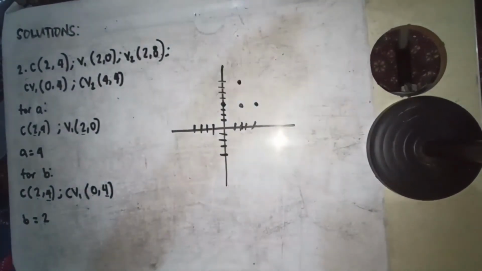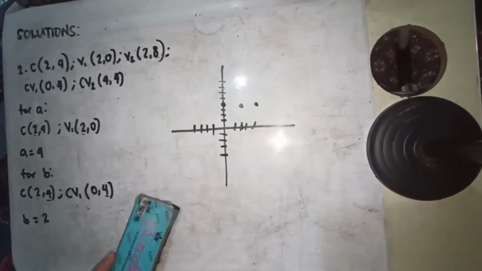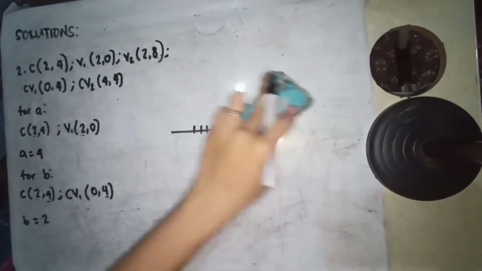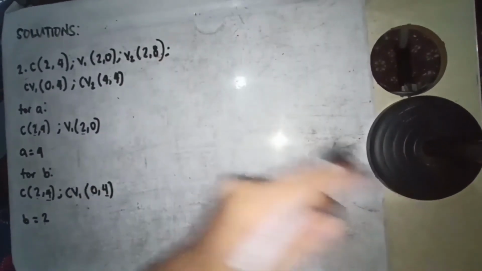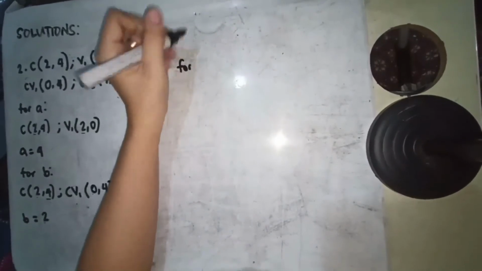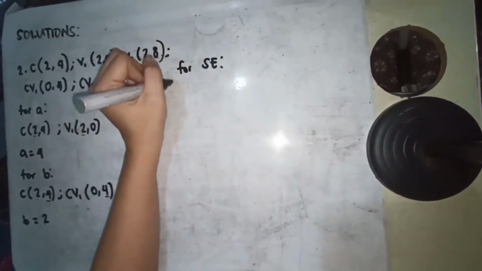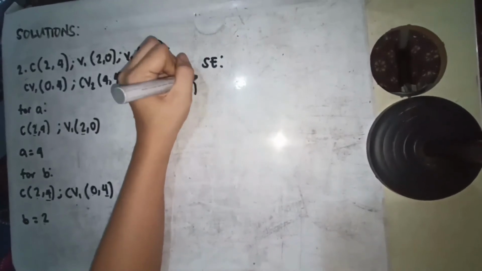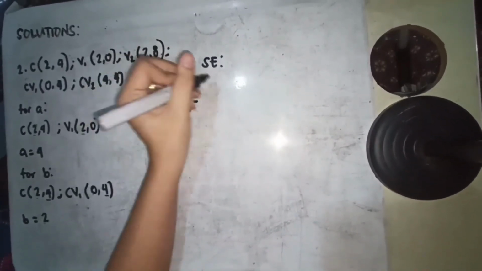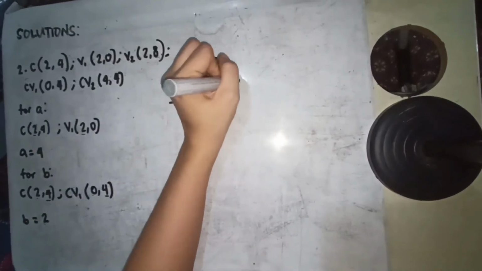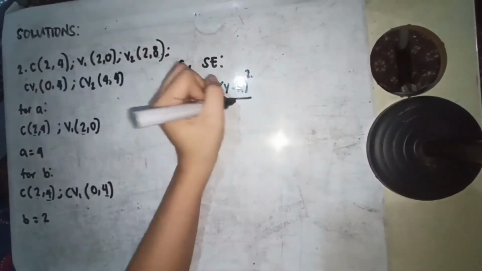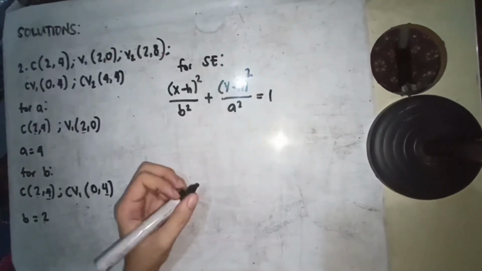So, therefore, since our vertices or major axis are vertical, this ellipse is vertical. Since it is a vertical ellipse, the standard equation we will use is x minus h squared over b squared plus y minus k squared over a squared, equals 1.